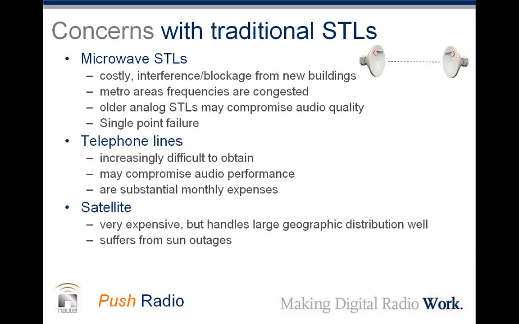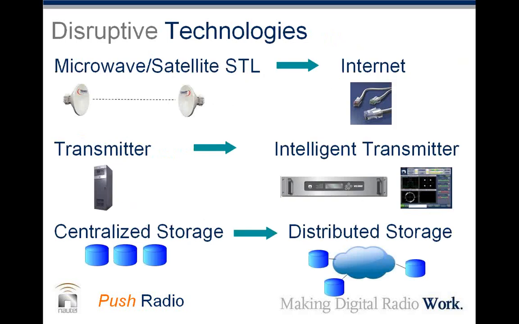So let's talk about what is changing in the industry as we speak. The disruptive technologies that are going on, things that are causing change in our industry. Microwave and satellite STLs, in many cases, are moving to Internet or at least TCP/IP distribution.